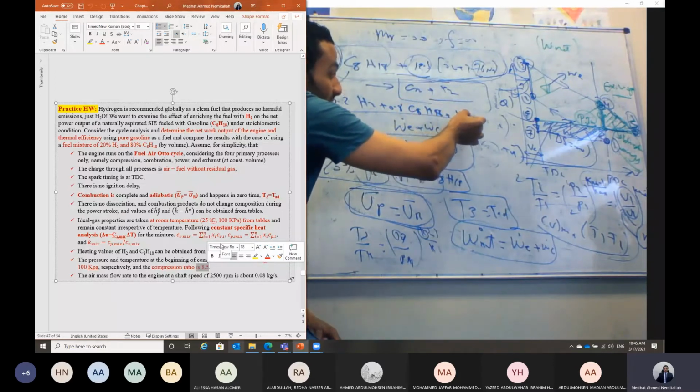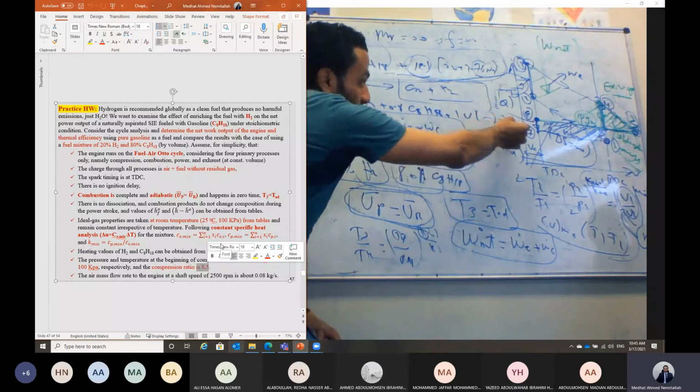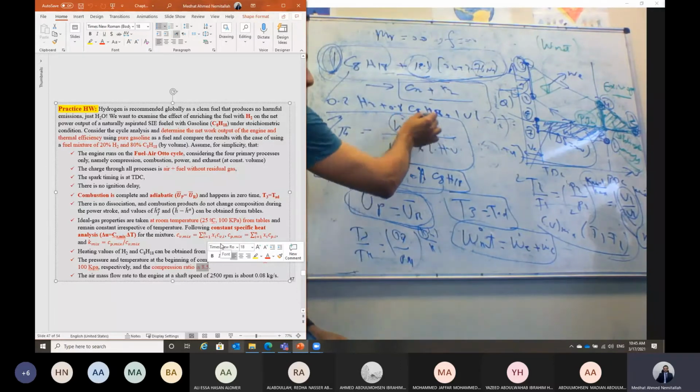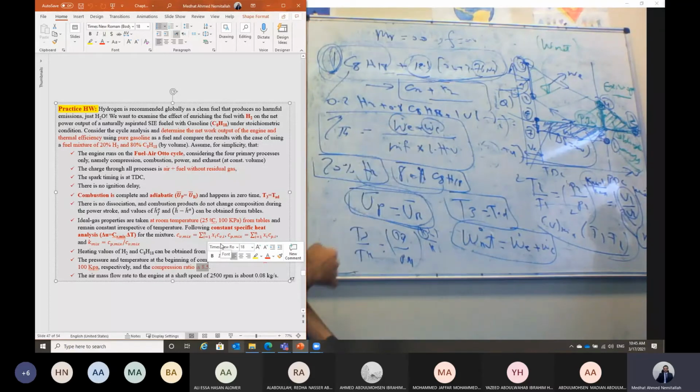Lambda is 1. Calculate gamma. You have learned how to calculate it for a mixture of fuel. Write down the combustion equation again. Repeat all what we have done. And then again you will be calculating the net work, expansion and compression, divided by m dot fuel times the lower heating value, and calculate the thermal efficiency.